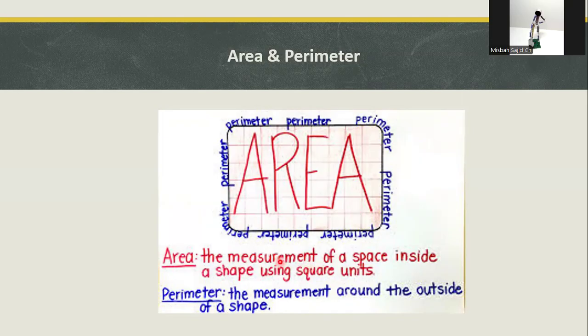Area is basically the measurement of a space inside a shape using square units. Means a space occupied by any object is called area. What is perimeter? Perimeter is basically the measurement around the outside of a shape, means the sum of all the boundary. So this is all about perimeter and area.